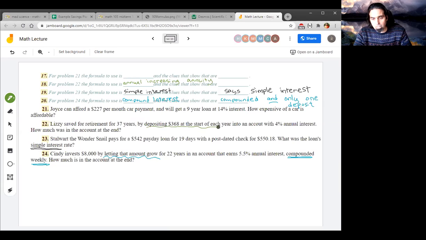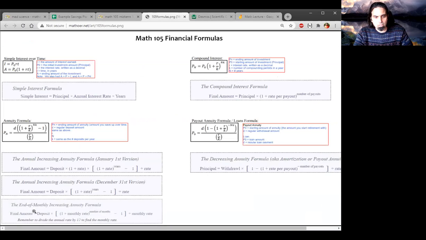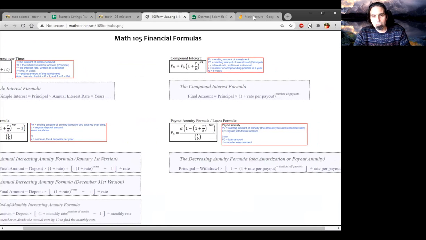Because she's putting in money repeatedly. And that leaves 21, this is the one we're calling the decreasing annuity formula or the payout annuity formula.